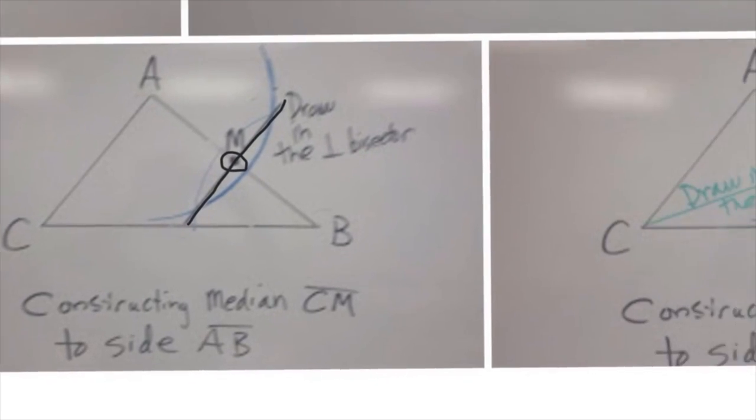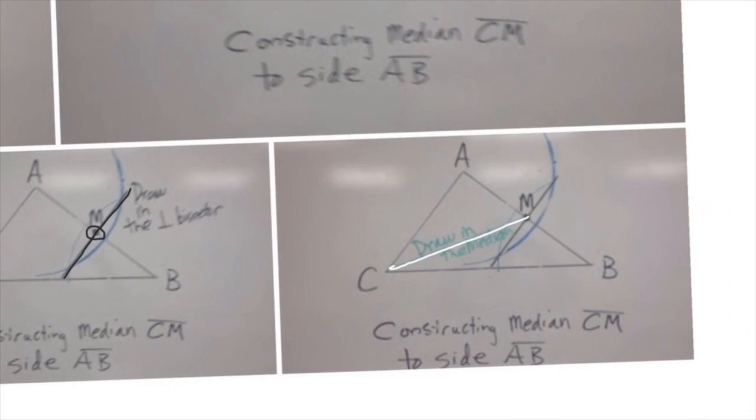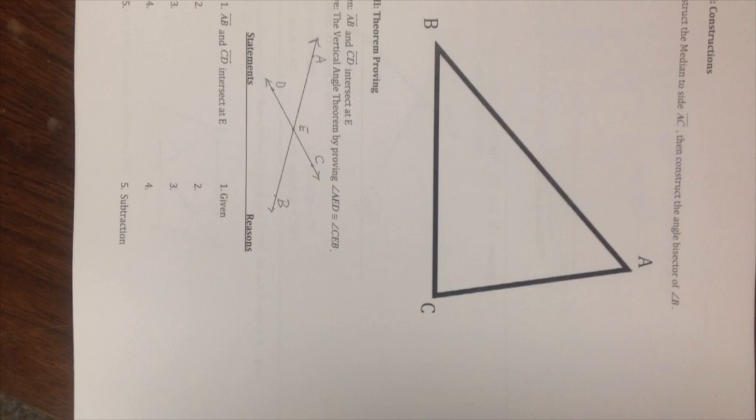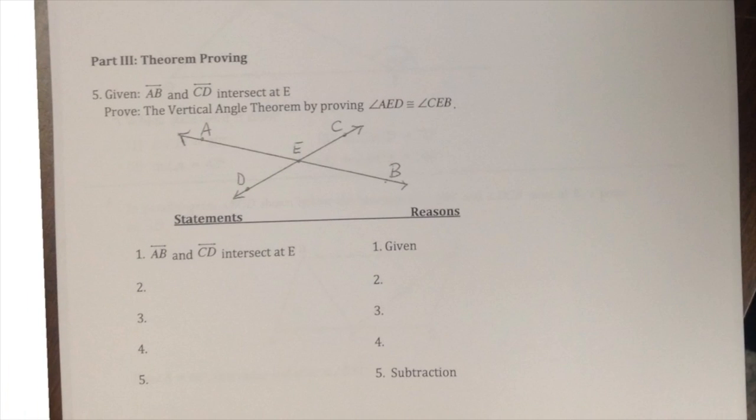Then all you have to do is connect the opposite vertex to the midpoint, and that is your median. And that's the answer. So you'll see one like that on the review sheet, and you'll also see one like that on the test probably.